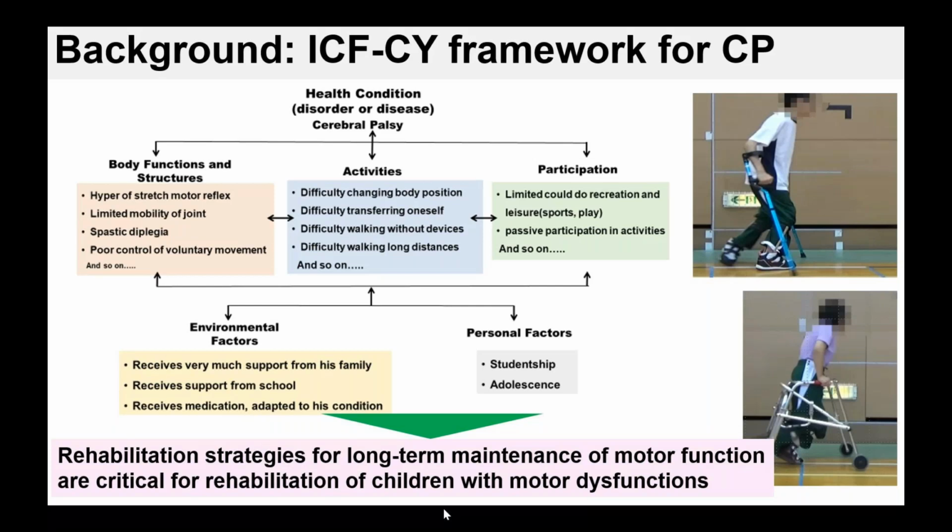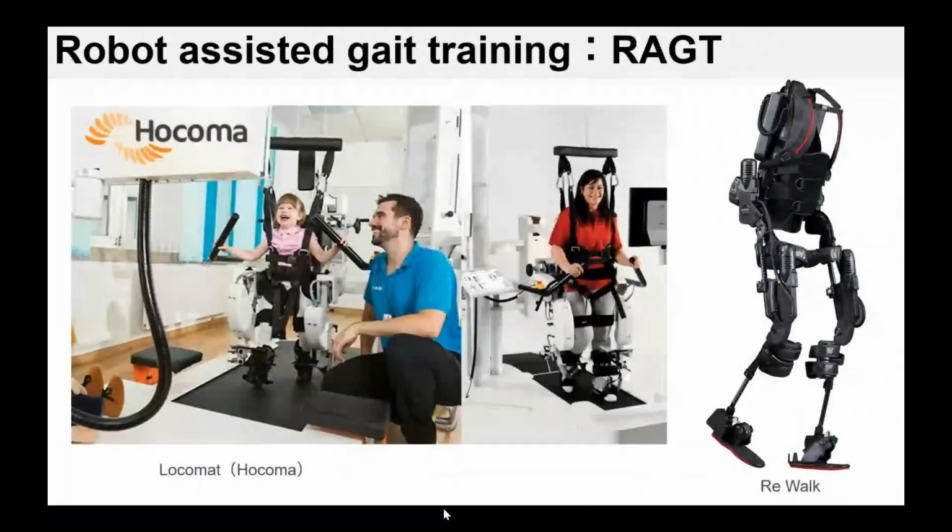Currently, robot-assisted gait training is increasingly used in neurorehabilitation of patients with childhood-onset motor disabilities to complement conventional physical therapy. Several robotic devices have been reported to assist gait.